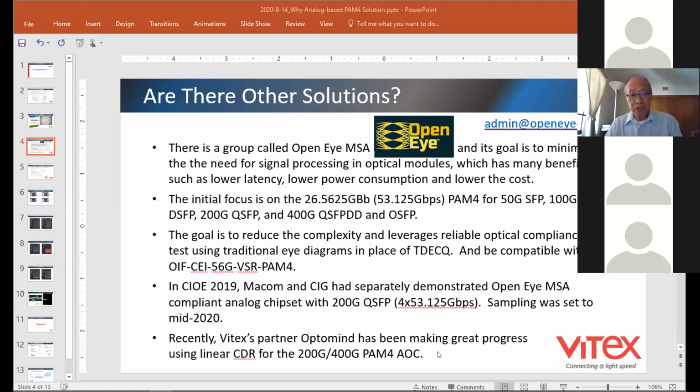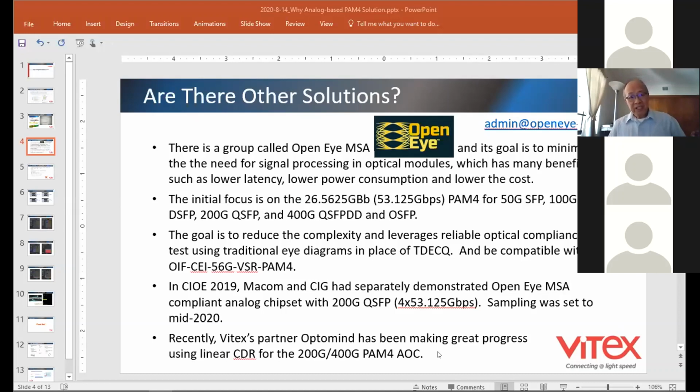It was published, and right now the chipset designs are going on, and the sampling is set for mid-2020. Now it's mid-2020. So I'm almost certain in the fall sampling would be available. Even some vendors right now can request qualification samples.